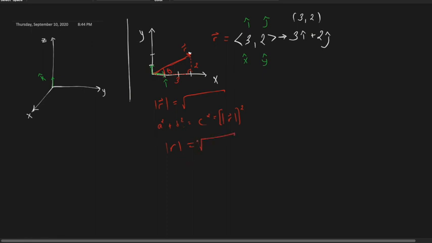So, in this case, we'd have 2 squared plus 3 squared. And that would just be the length of this as you go from here to here. And that would be the square root of 4 plus 9, which is equal to the square root of 13.